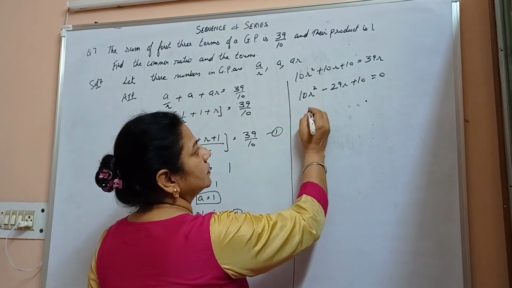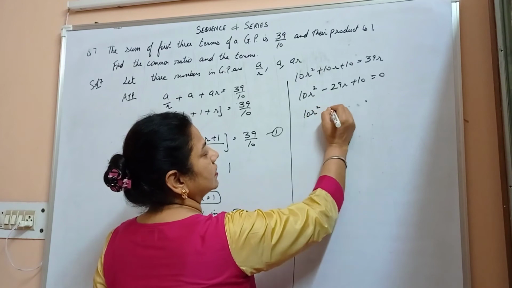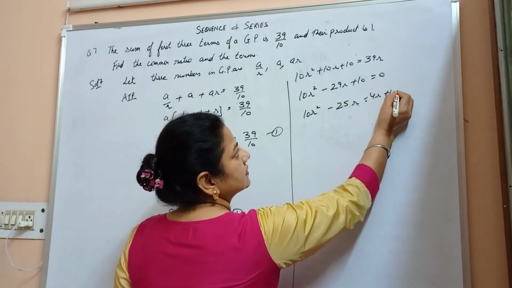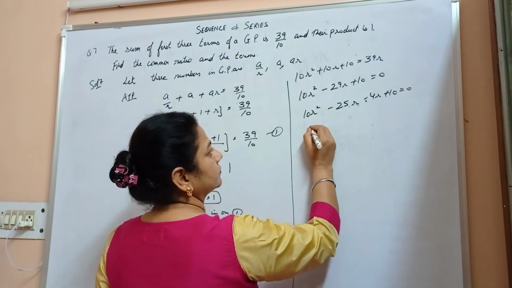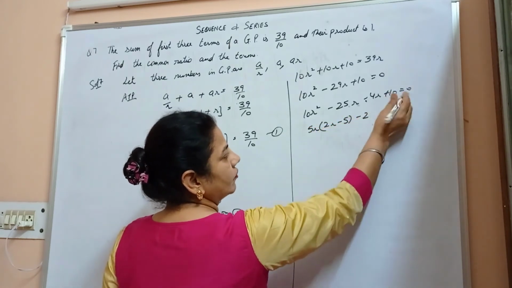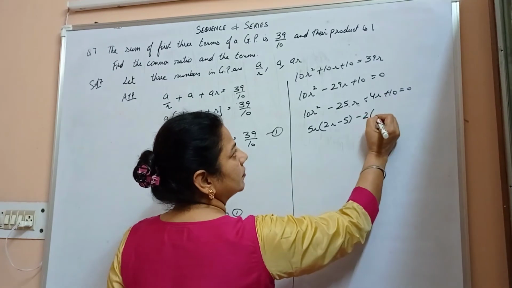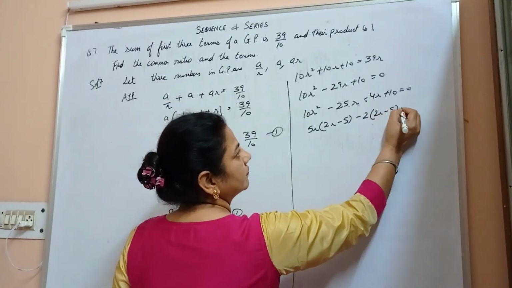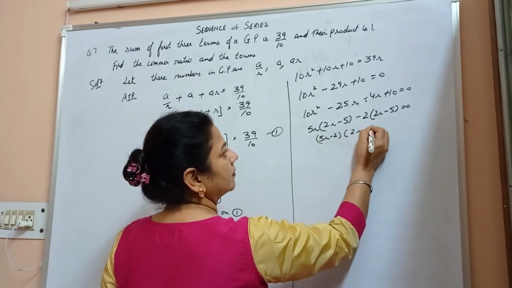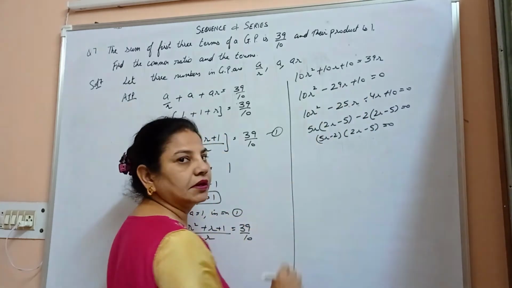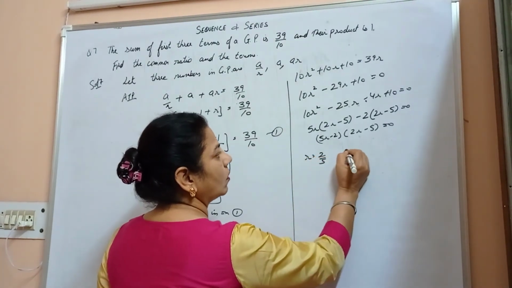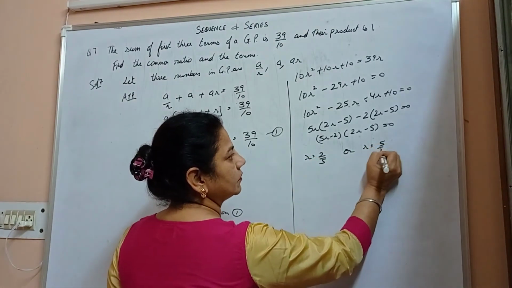Make the factors: 10R square minus 25R minus 4R plus 10 is equal to 0. 5R is common, 2R minus 5. From this side I take 2 common, 2R minus 5 is equal to 0. So 5R minus 2 and 2R minus 5 are the factors of this quadratic equation. So we get the value of R as 2 by 5 or R as 5 by 2.